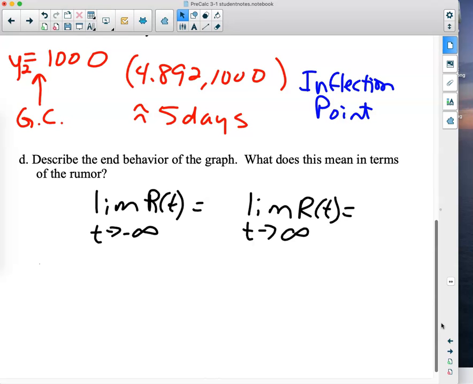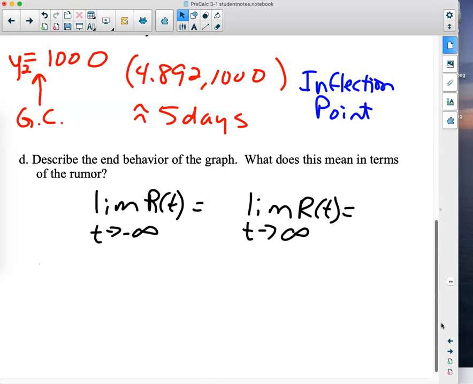All right, so we've got 2 little blanks to fill here, describing that end behavior of the graph. But we should already know where these are going to be. Can somebody tell me what we should be putting in here for the limit as we go to the left forever? 0.